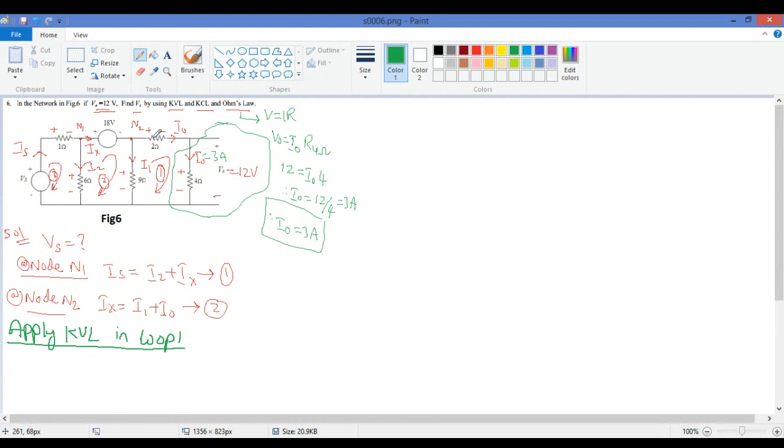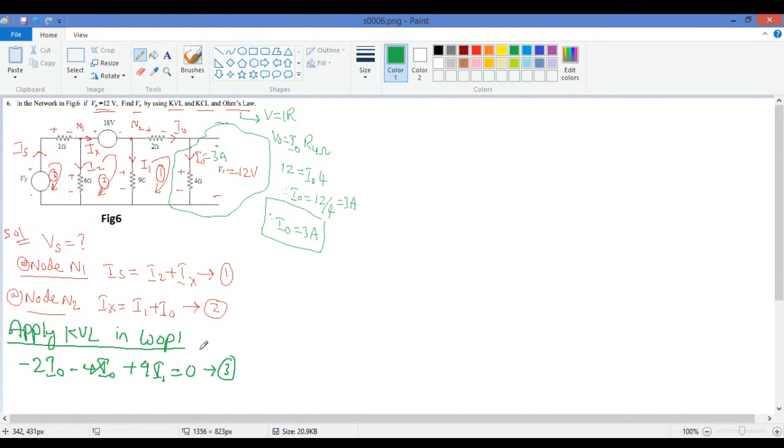In loop 1, you see here I naught is going, so minus 2 I naught, then minus 4 I naught, then here I1 is going, plus 9 I1 is equal to 0. This I call equation 3.